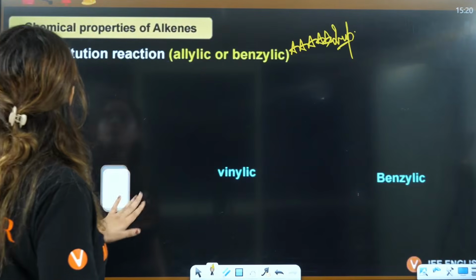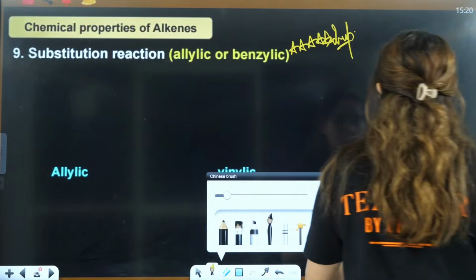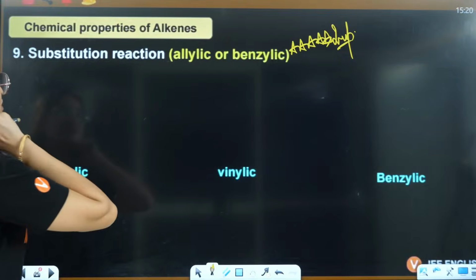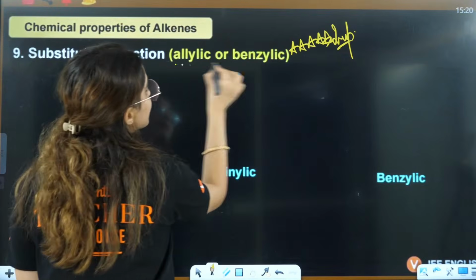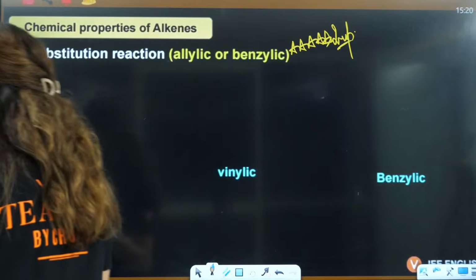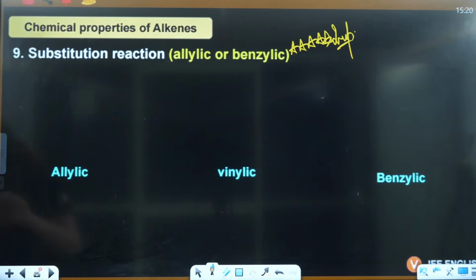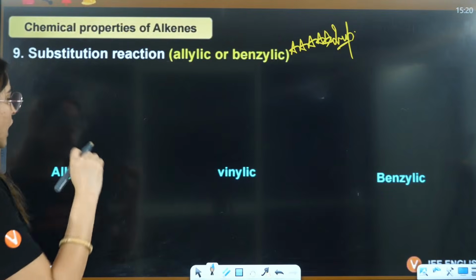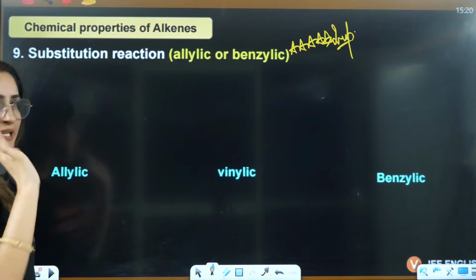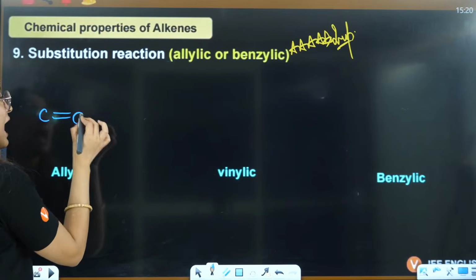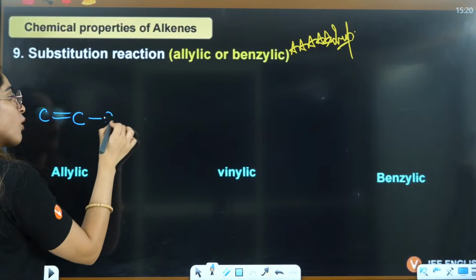Now let's talk about substitution reaction. In substitution reaction, here you have allylic or benzylic. What is allylic, what is benzylic? When you talk about allylic, that means you have a double bond and next to the double bond, you have a carbon.